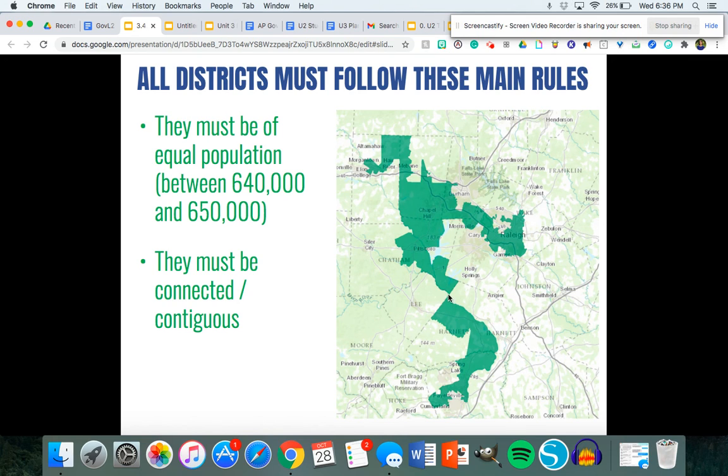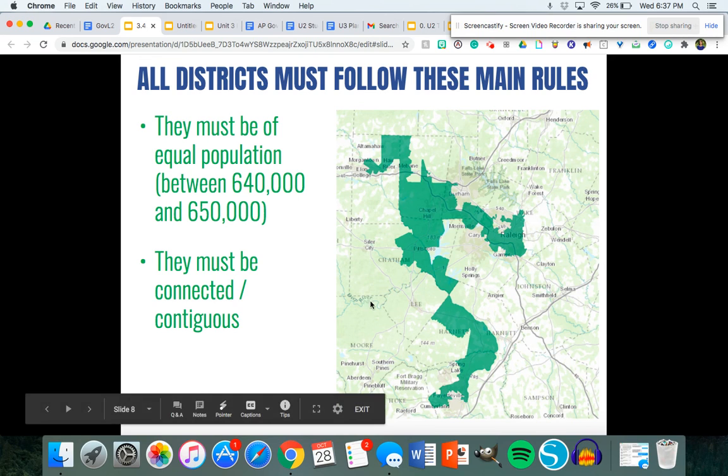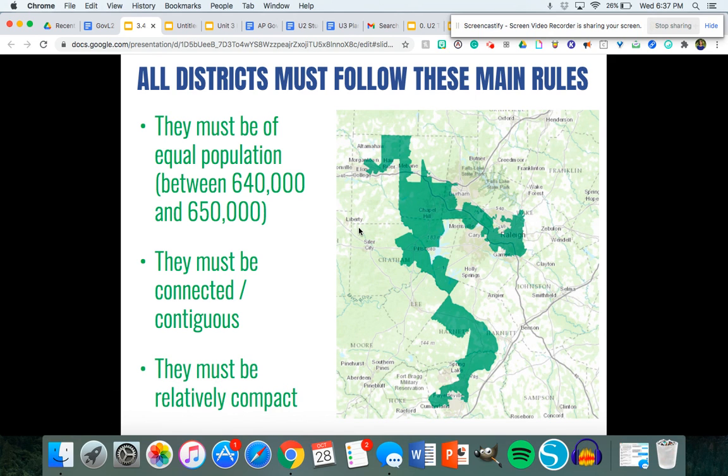Do you see this line right here? That is the connection. This is honestly pretty borderline, but they have to be connected. If this small connection weren't there, this would not be a legal gerrymander. And also, even though the shapes can get kind of wild, the districts must be relatively compact. So they can't stretch from one end of the state to another. They have to be relatively compact or close in size.